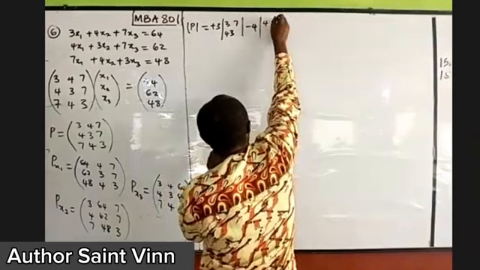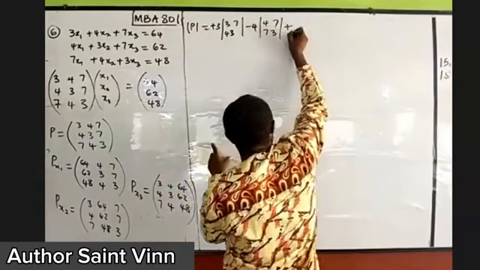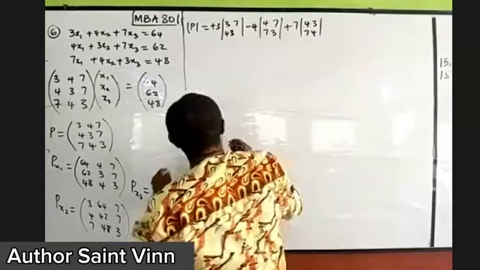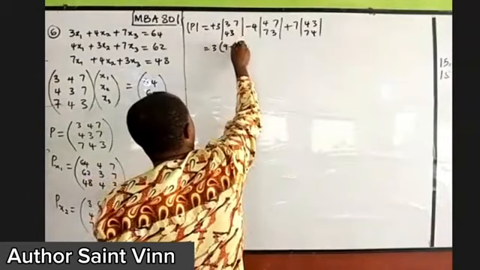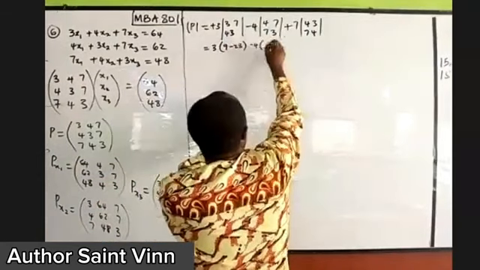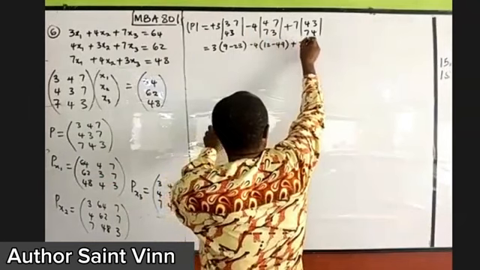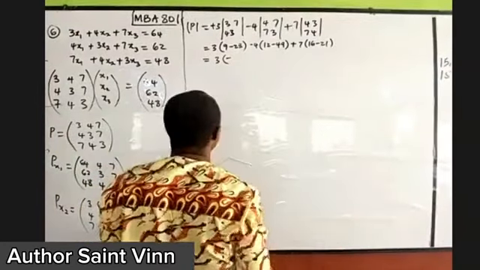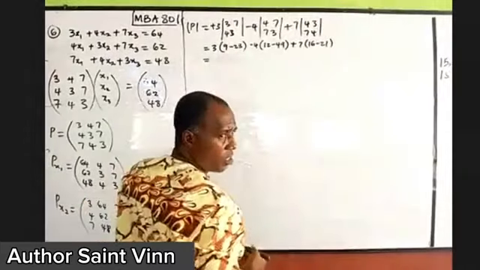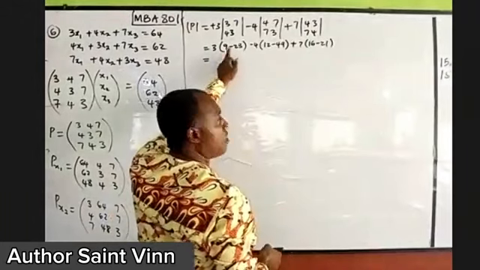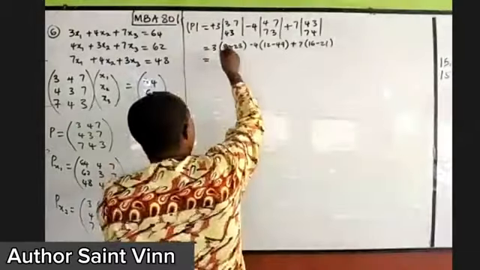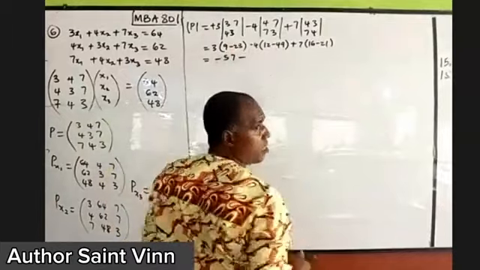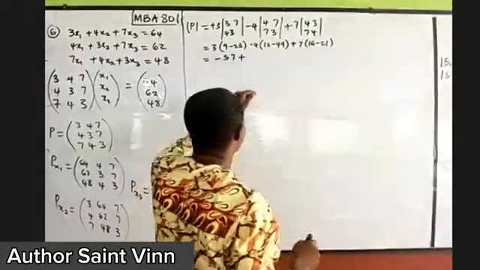This one is 9 minus 28, minus 4 times 12 minus 49, plus 7 times 16 minus 21. I hope somebody is following. We thank God that somebody has responded.